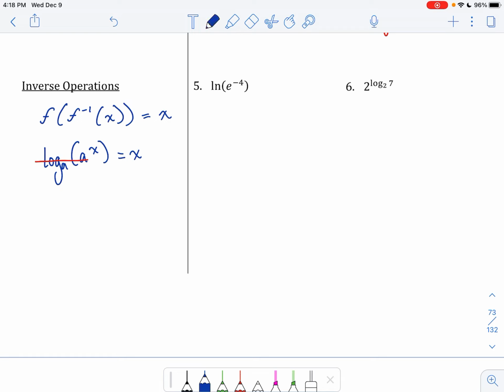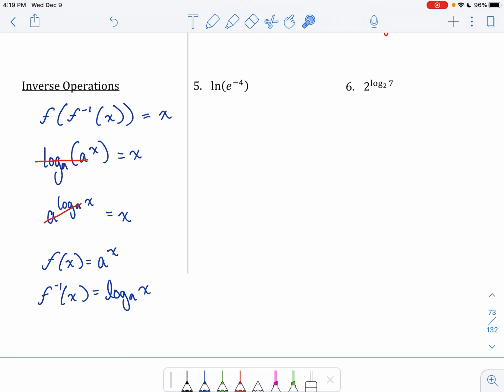Same thing if we end up with a to the log base a of x. Those will also cancel out because they have the same base. They are inverses. So again, if I put that as our exponent, f, and f inverse is then log base a of x.